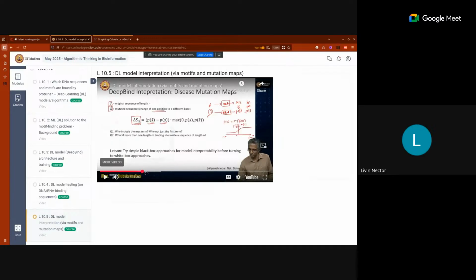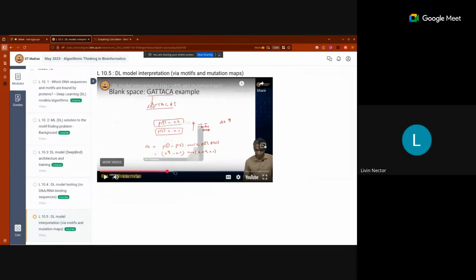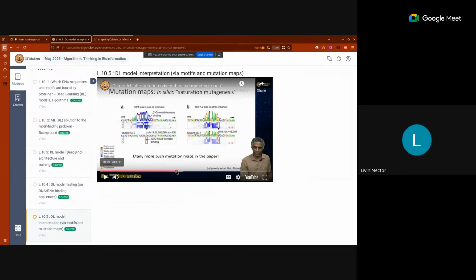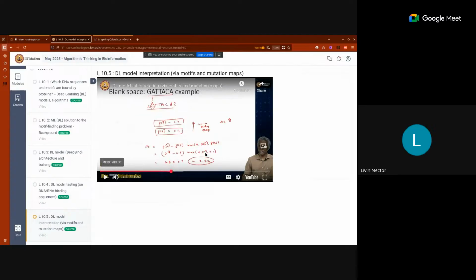So, for example, if this one is 0.9 and this one is 0.89, the difference is 0.1, but since this maximum value is high, you will get a higher significance score.